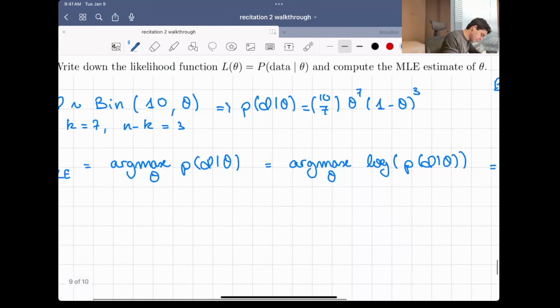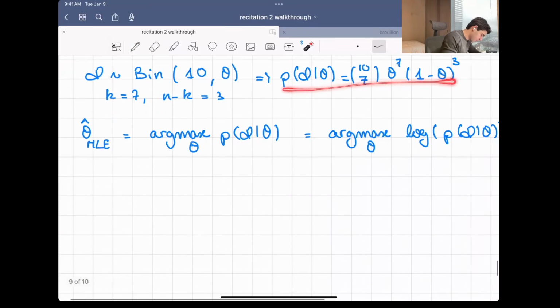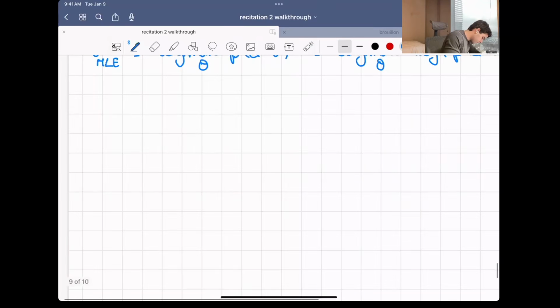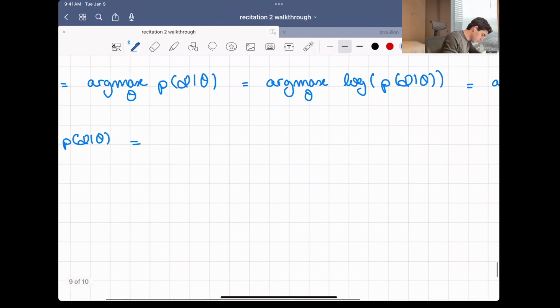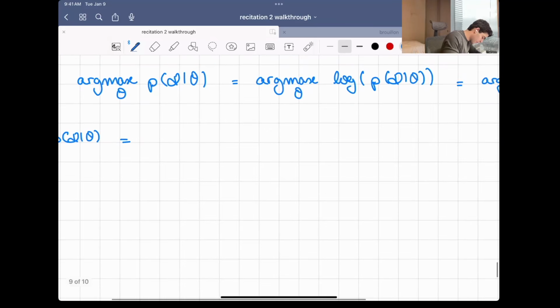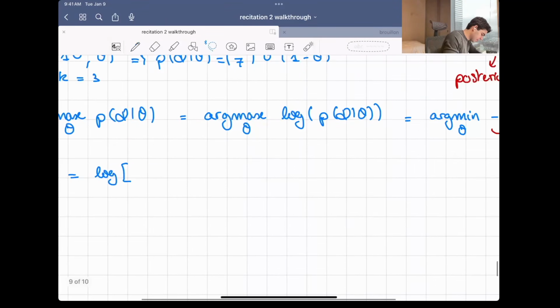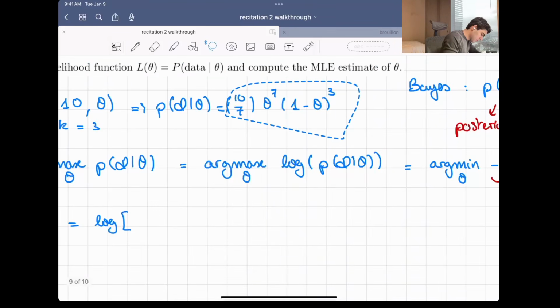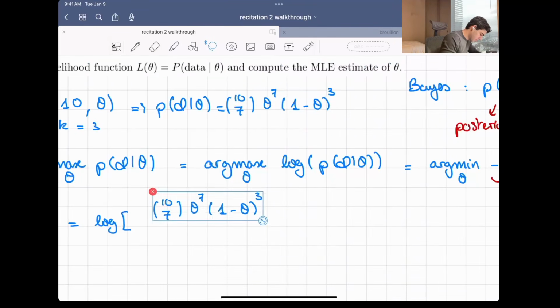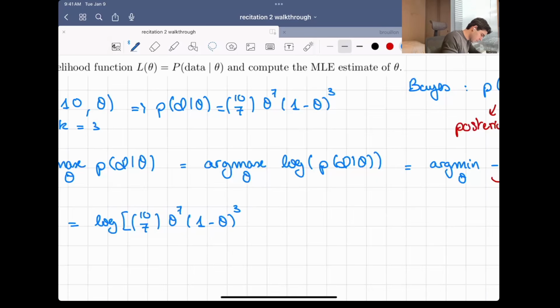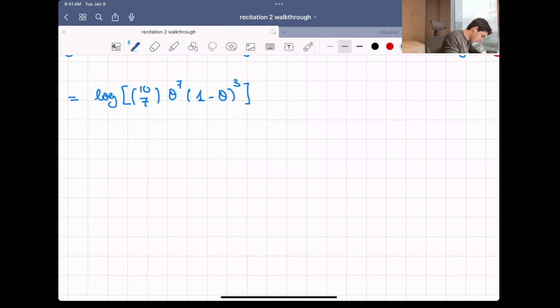We have to take the log of the likelihood. I'm writing in detail here so that the steps are a bit clear. Feel free to skip ahead or speed up.